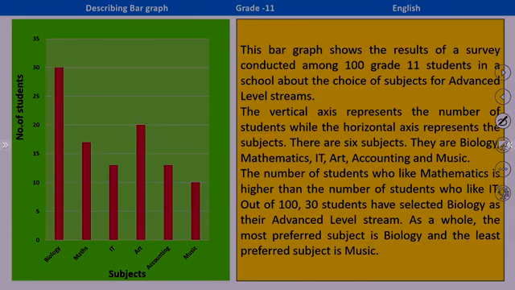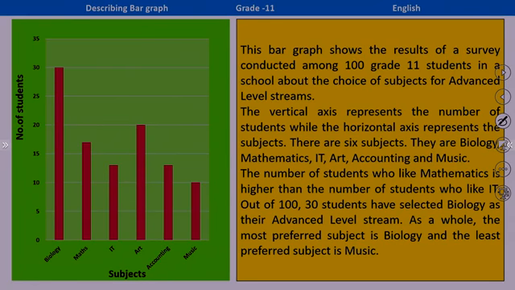We took this sentence from the question. The vertical axis represents the number of students while the horizontal axis represents the subjects. There are 6 subjects. They are biology, mathematics, IT, art, accounting and music.